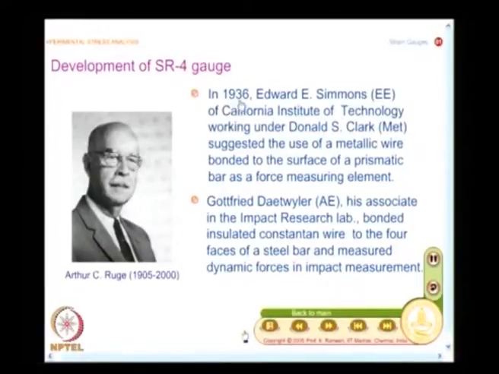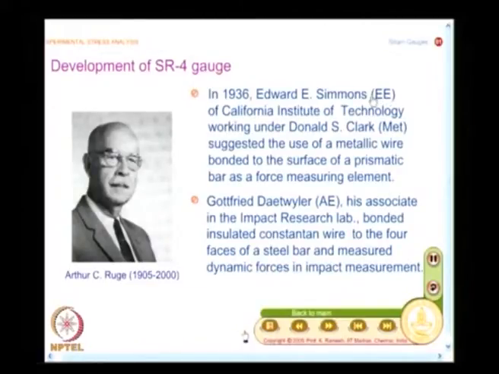1936 marked a very important year for strain gauge development, and it was Simmons who suggested to bond a wire for measurement of stresses in an impact test. And he was an electrical engineer.